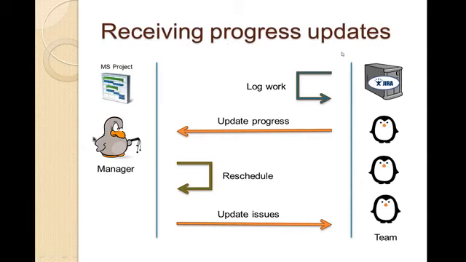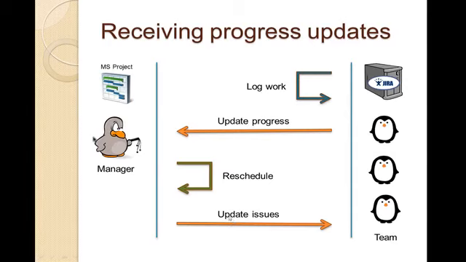Now, receiving progress updates. Our resources work on their assignments in JIRA, and they log their work against some issues in JIRA. And the manager receives the progress updates in Microsoft Project by synchronization. These updates can result in rescheduling of some tasks because their duration can be changed due to some changes in estimates of the remaining time.